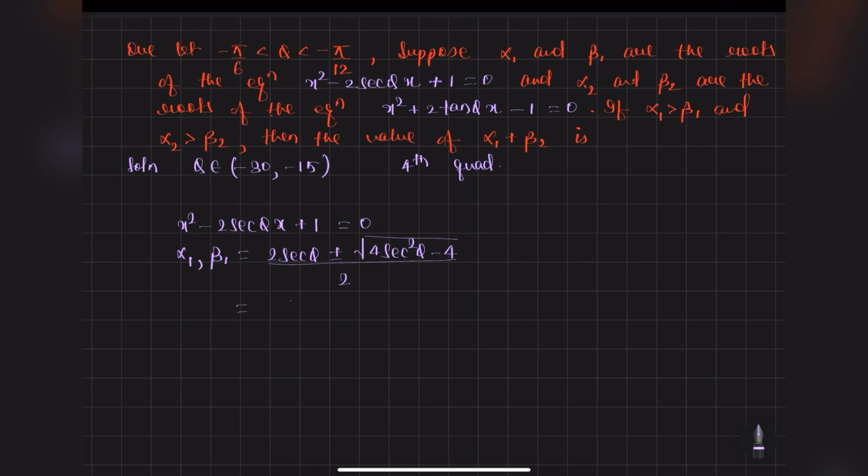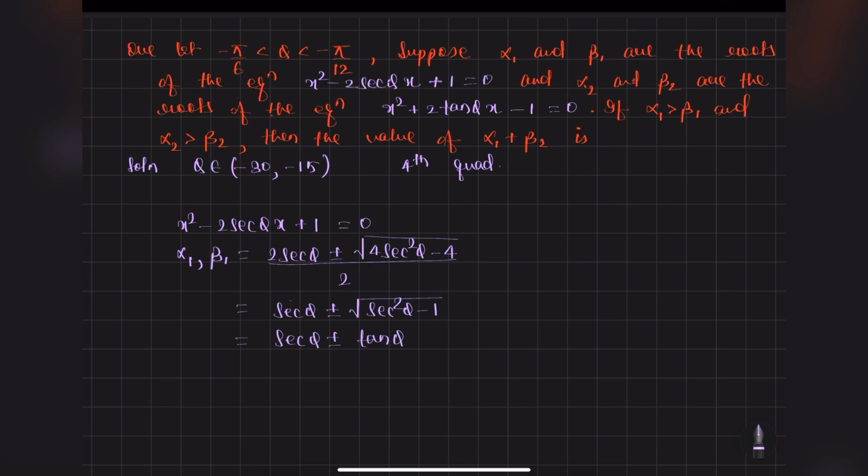If you observe, you have 2 over there and 4 in common here. So you will take 4 common from the root and you will have 2 outside. So we are left with sec theta plus minus root sec square theta minus 1. And you know that sec square theta minus 1 is tan square theta. So the final answer would be sec theta plus or minus tan theta.